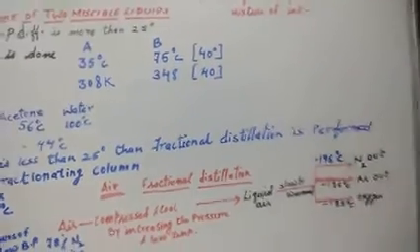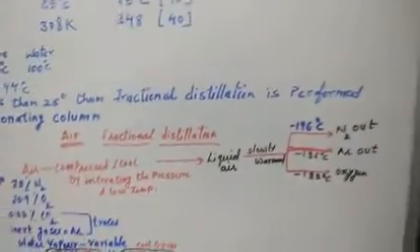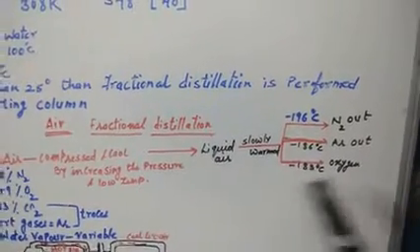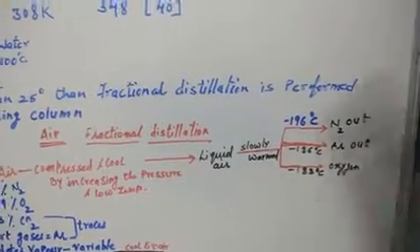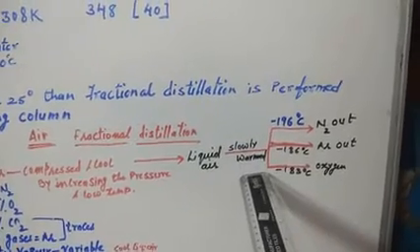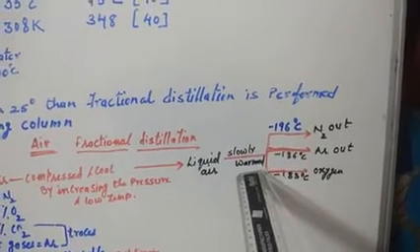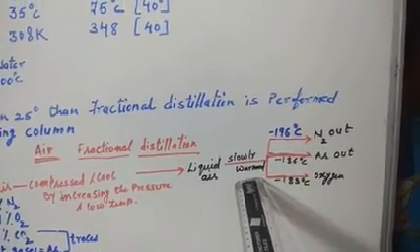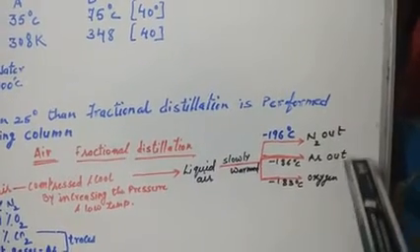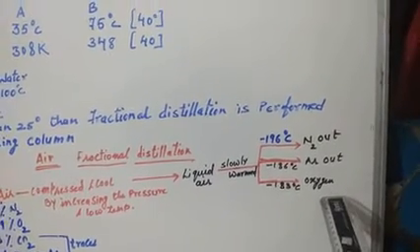Now we warm air slowly by releasing the pressure and warming slowly. As the air is warmed slowly, mainly we are separating the three components: nitrogen, argon and oxygen.